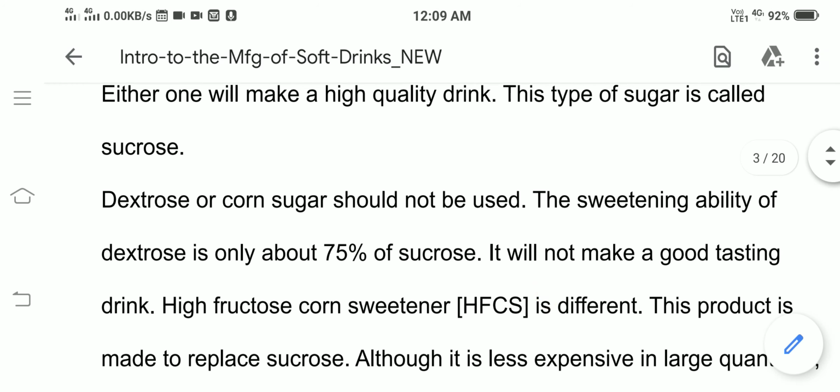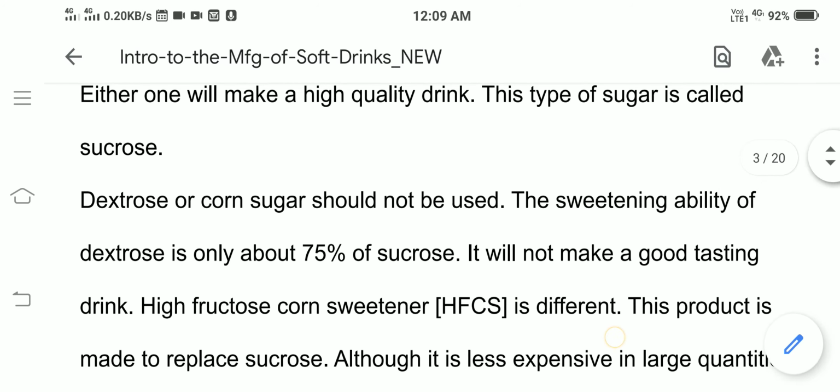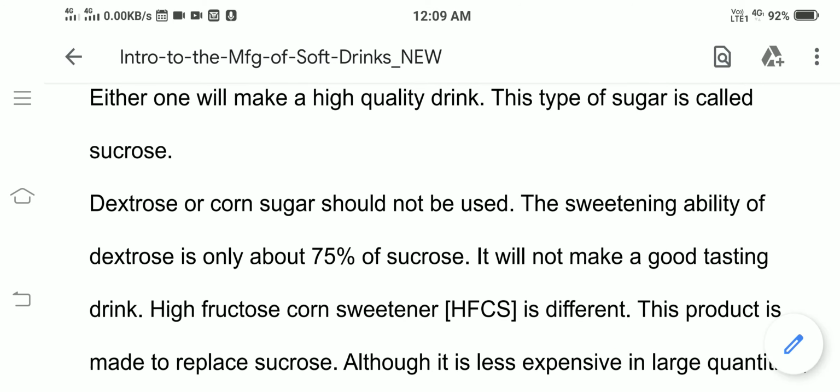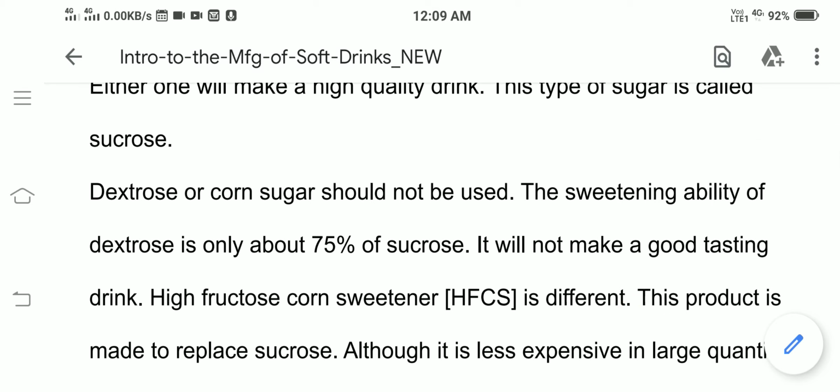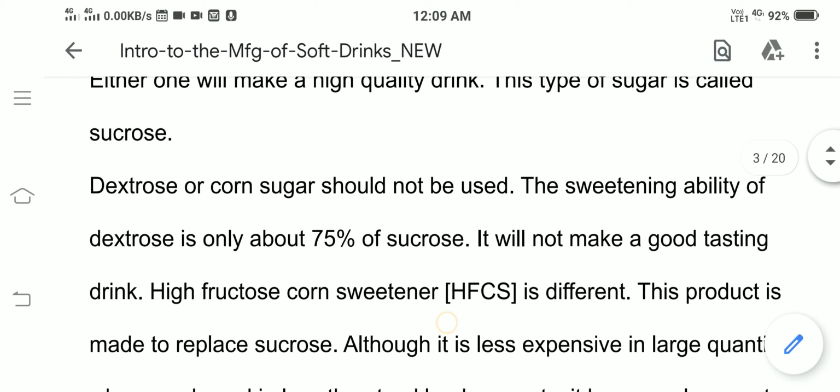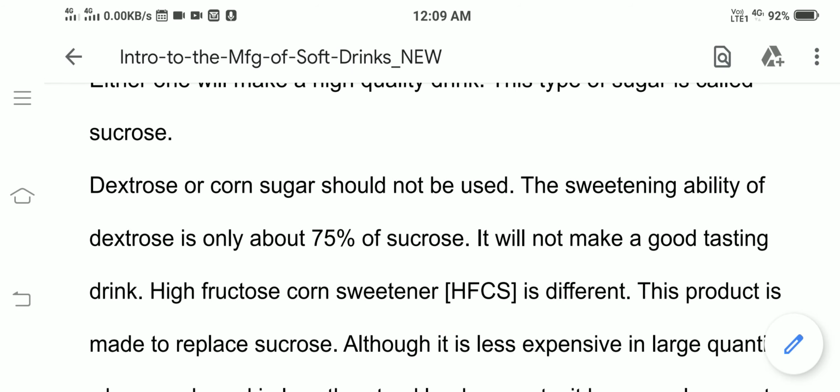Then dextrose or corn sugar should not be used, but HFCS, that is high fructose corn syrup, which is a product of corn. It is also known as glucose fructose syrup.